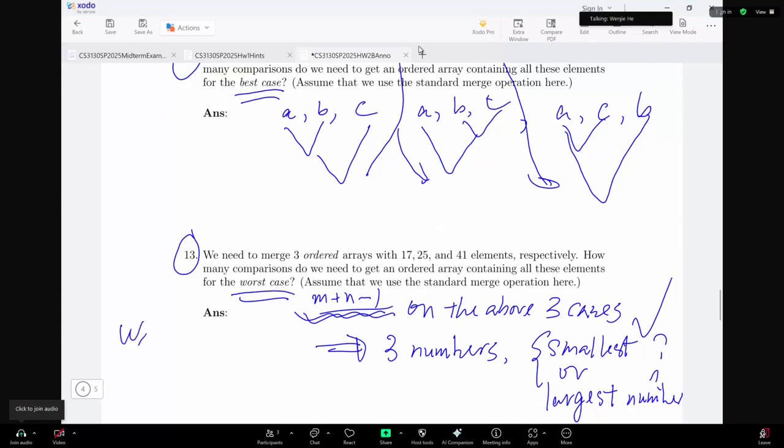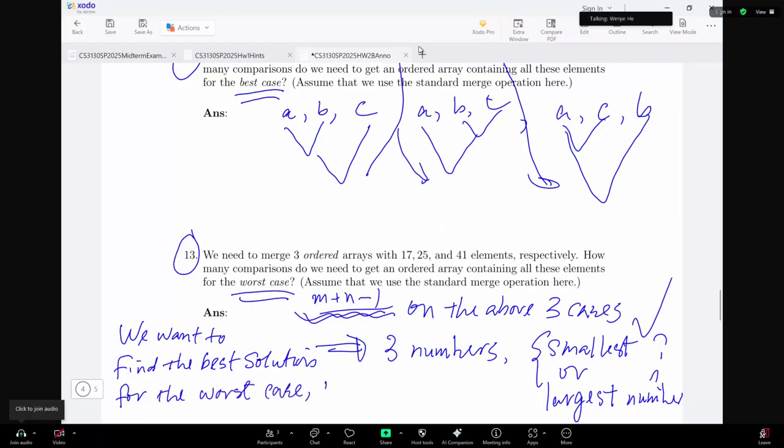We want to find the best solution for the worst case, not the worst solution. You know the difference, right?